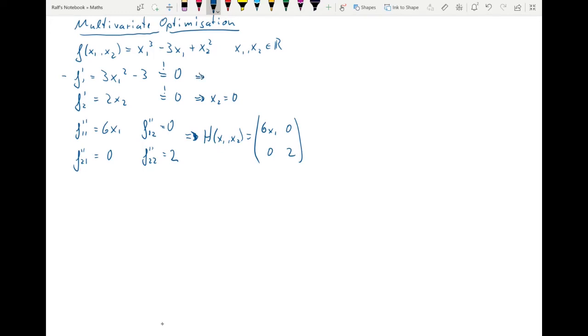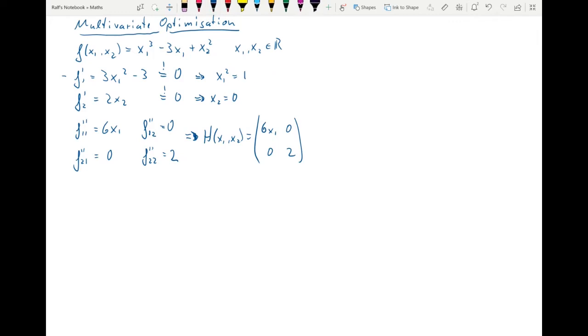We bring the 3 onto the other side: x1 squared is equal to 3. Then we can divide this equation by 3, so that 3 goes away and that 3 turns into a 1.